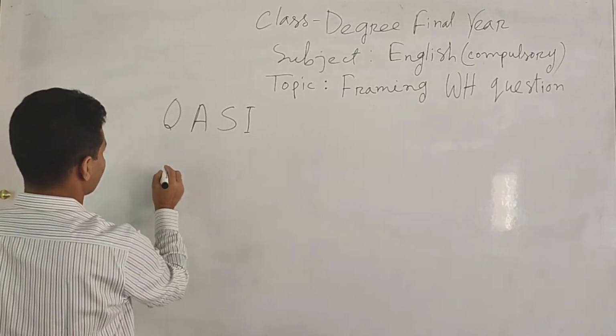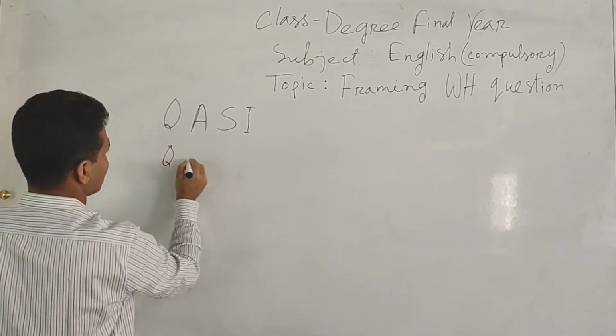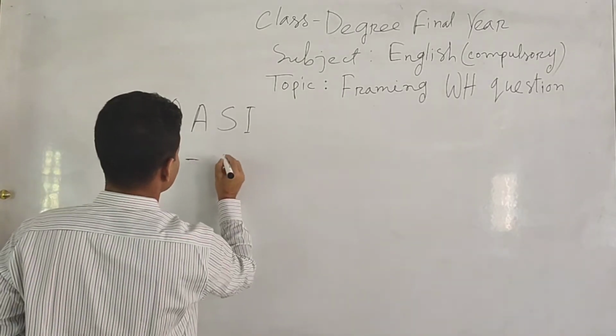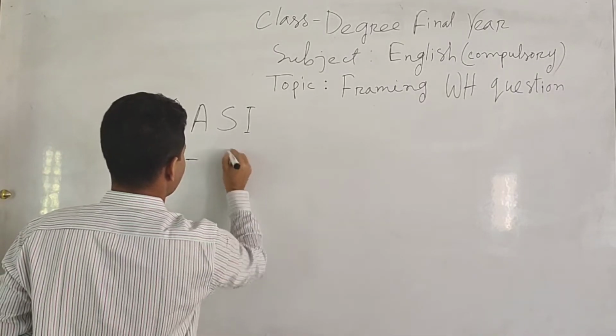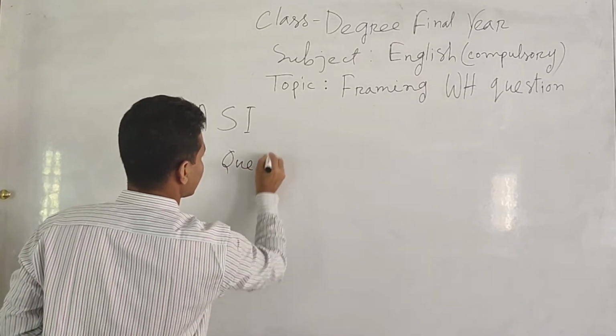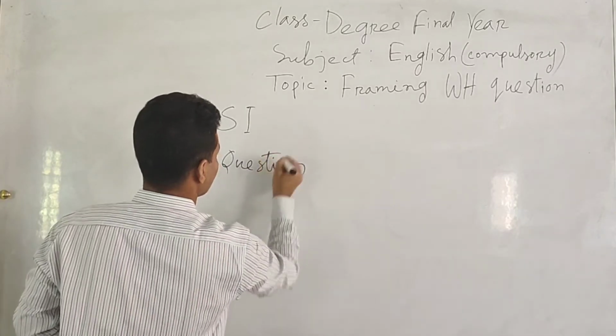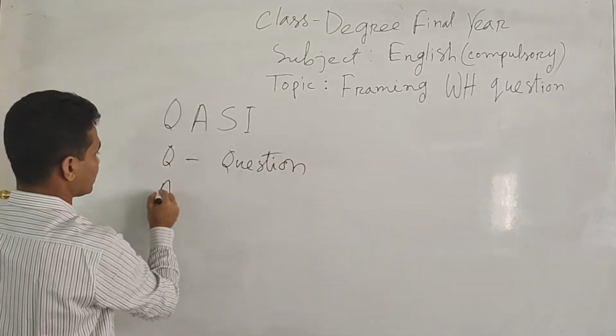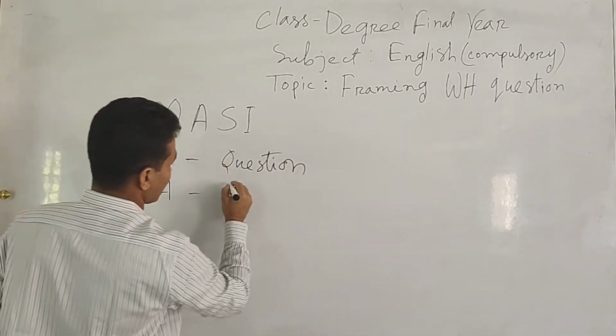Q means question. A means auxiliary verb.